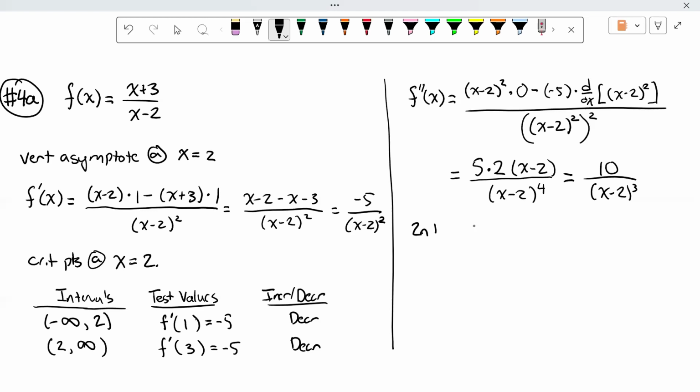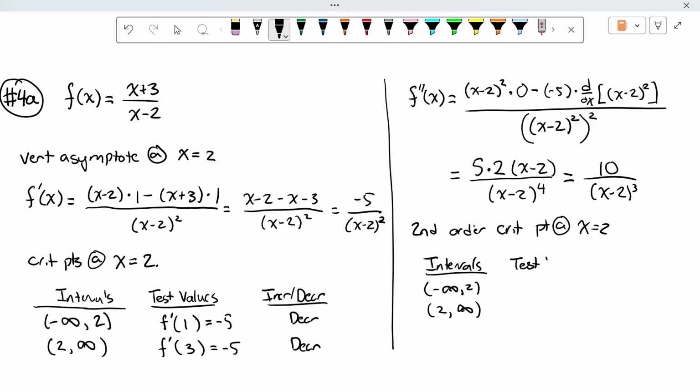So second order critical point at x equals 2 again. Now I plug into the second derivative.